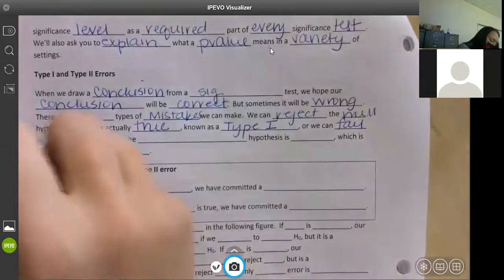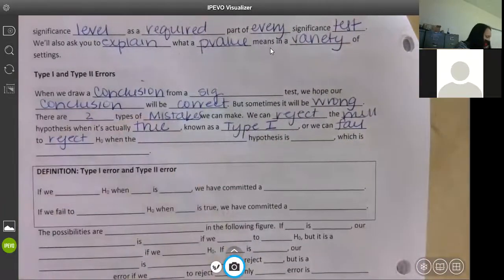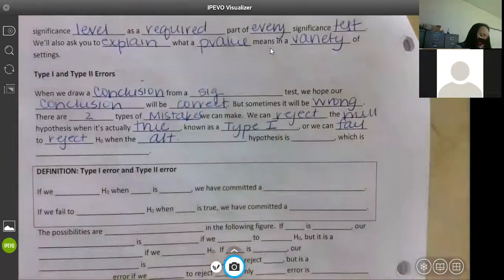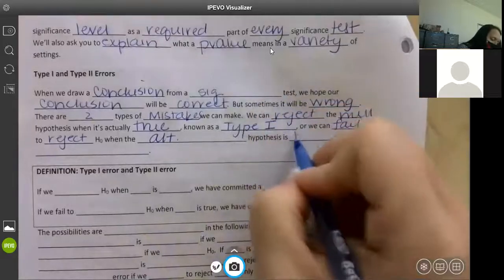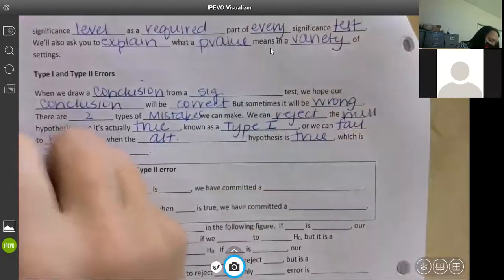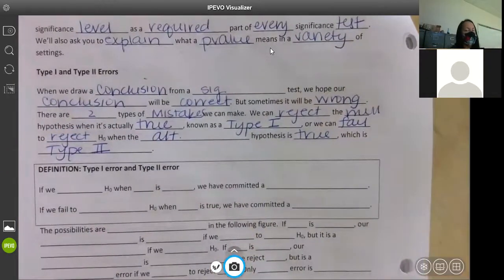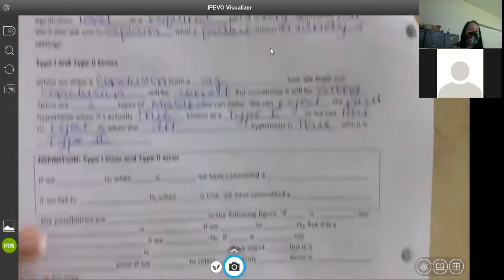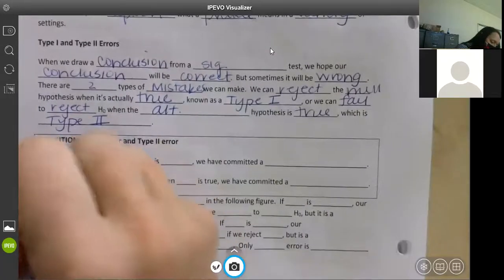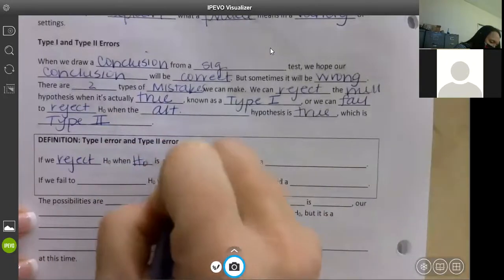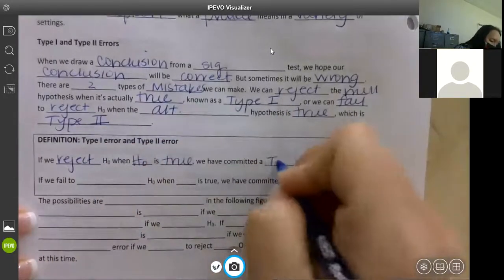Or we can fail to reject H sub O when the alternative hypothesis is true, which is a type 2 error. You need to know the difference between the two. Okay. So if we reject H sub O when H sub O is true, we have committed a type 1 error.